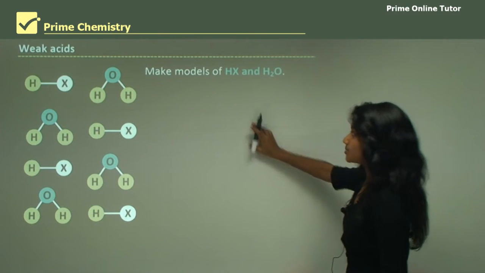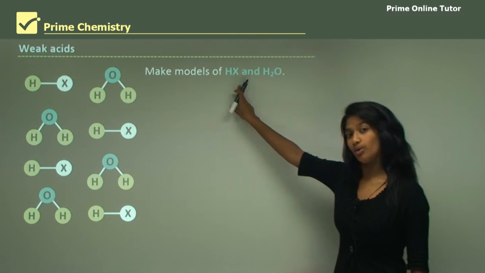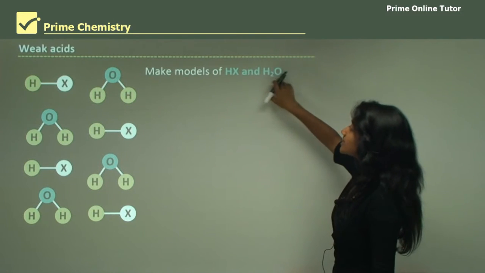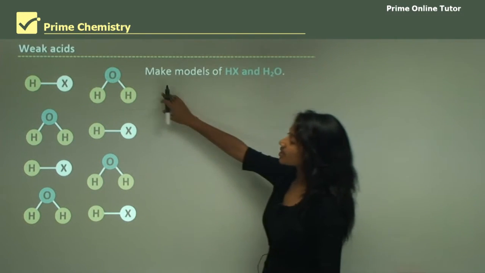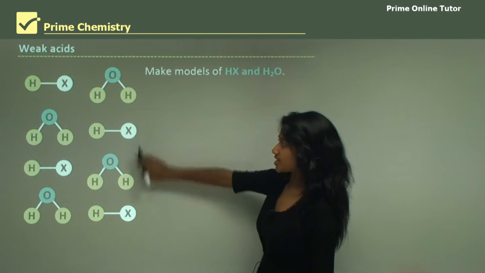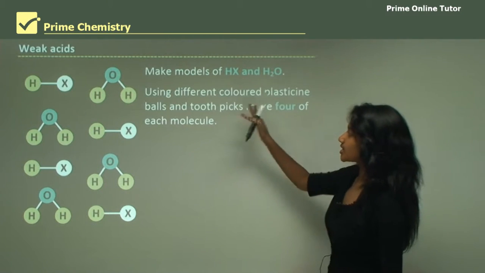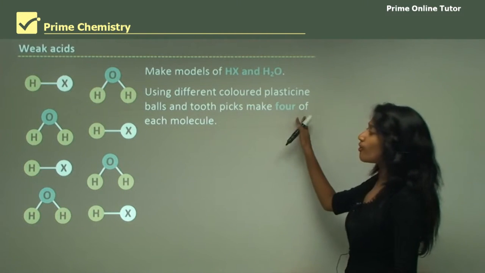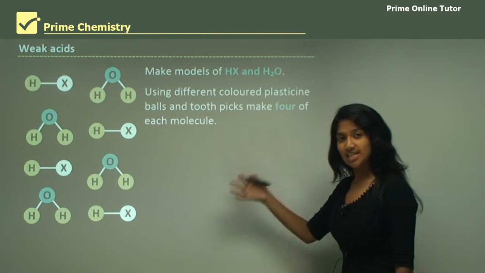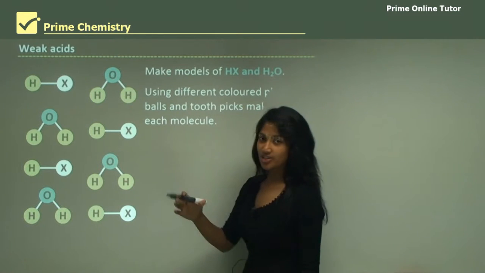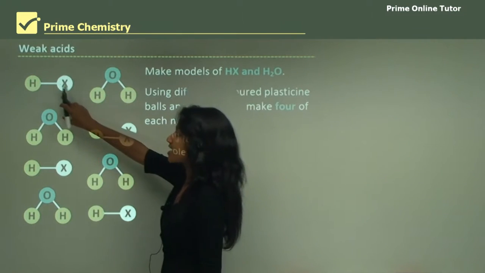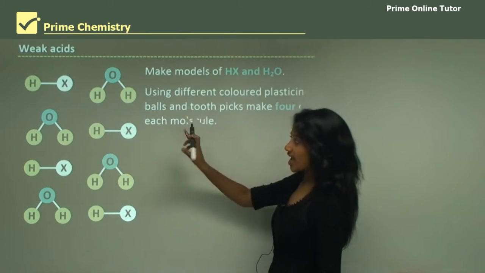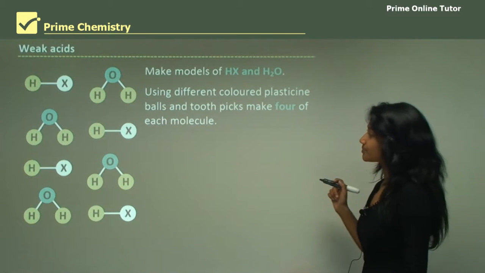With a weak acid, we're taking HX, which is an example of a weak acid, and we'll take water as well. We'll make 4 of each, as you can see here, using the different colored plasticine balls and toothpicks. You do the same steps, but this time instead of hydrochloric acid, we're making the HX acid, which is a weak acid.